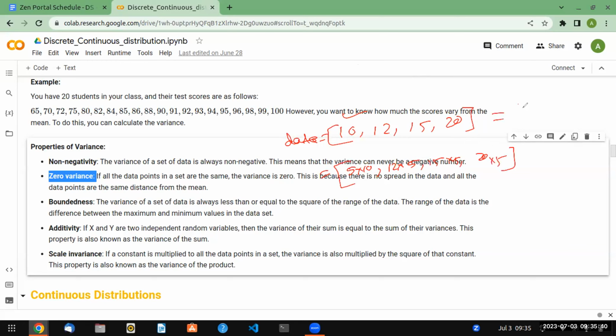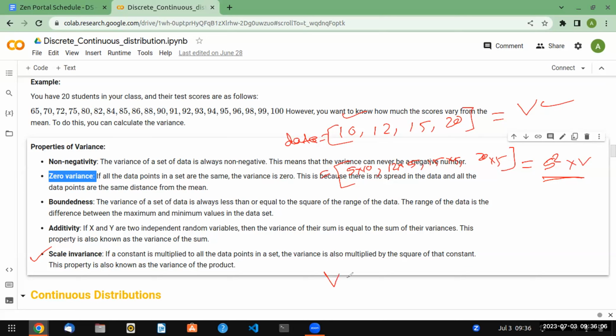Now here the variance is V. According to scale invariance, the new variance will be 5 square into V. Previously it was V, suppose one number. Now if we multiply a constant to all the data points, then the new variance will be 5 square into V. And this also you can prove mathematically. How?